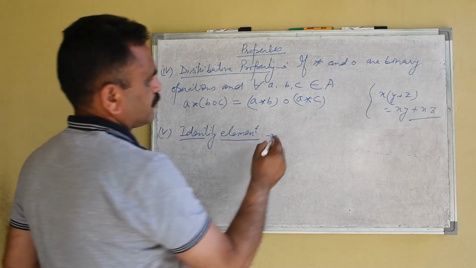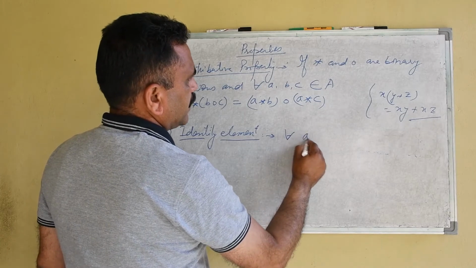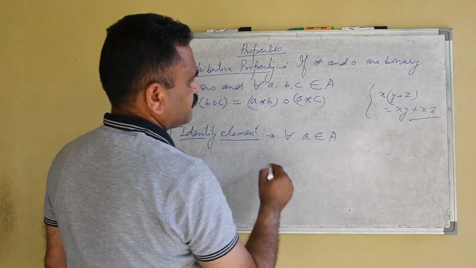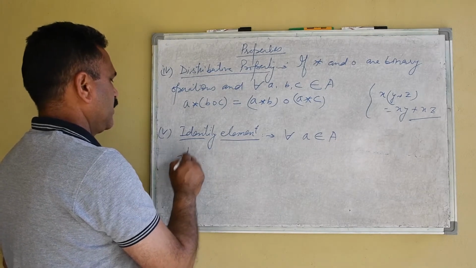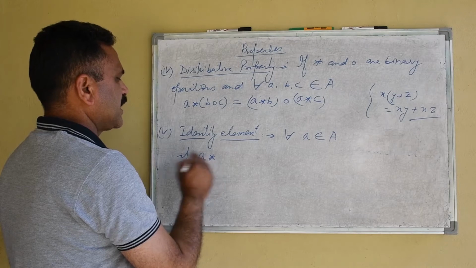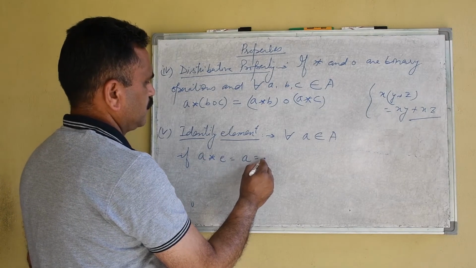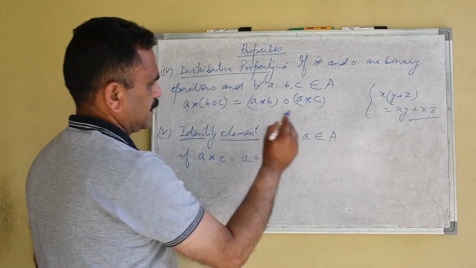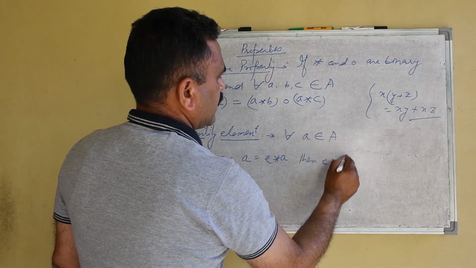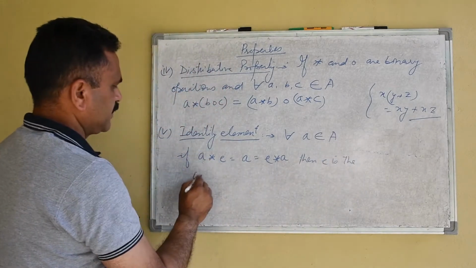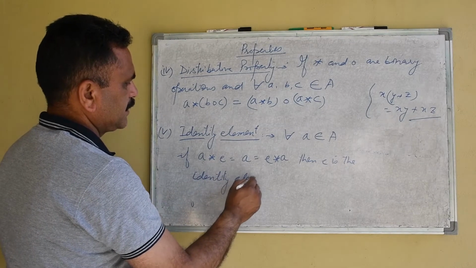So, for all A belongs to A, if A star E is equal to A is equal to E star A, then E is the identity element.